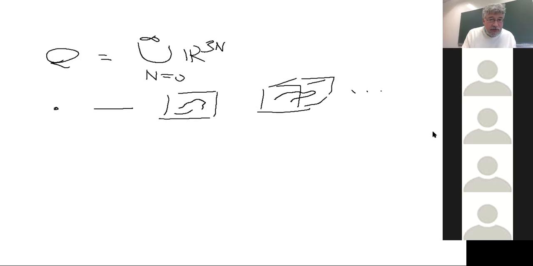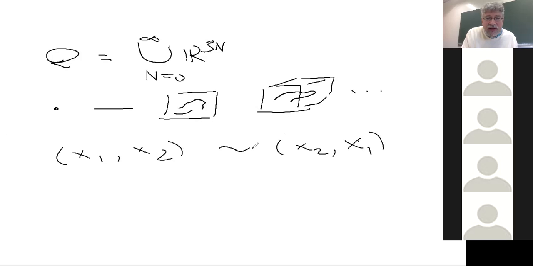So let me write this down. If you have a configuration of 2 particles like this, you should say it's really physically the same configuration like this. We should identify them. We should introduce an equivalence relation and say it's only equivalence classes.